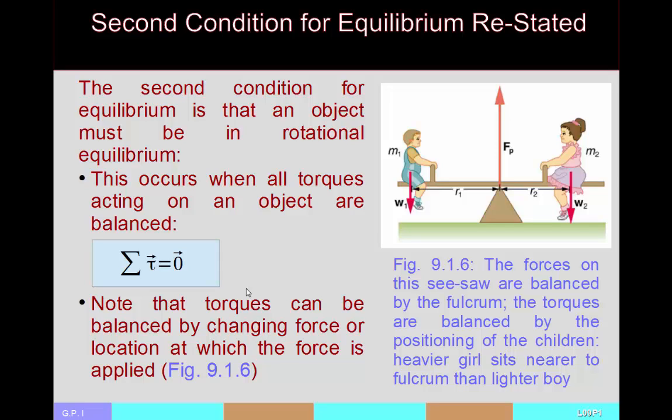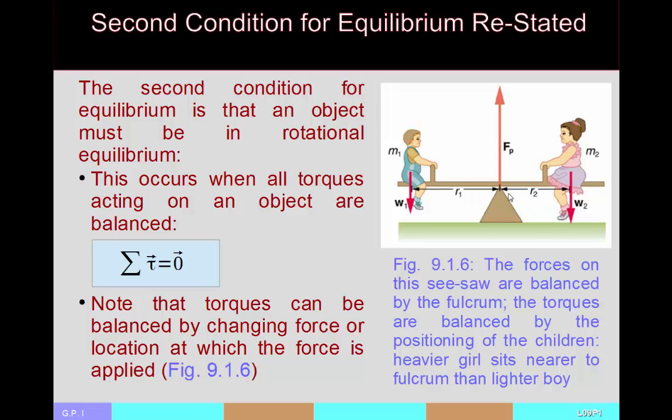You can change where the force is actually being applied. You can change how much force is being applied, and then you can change what angle that force is being applied with respect to the lever arm.